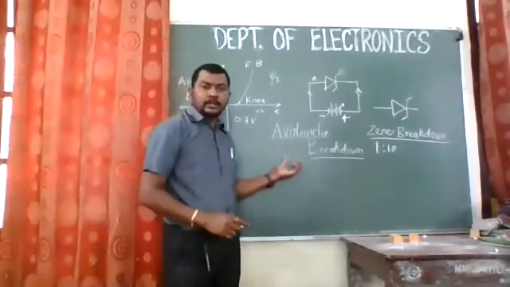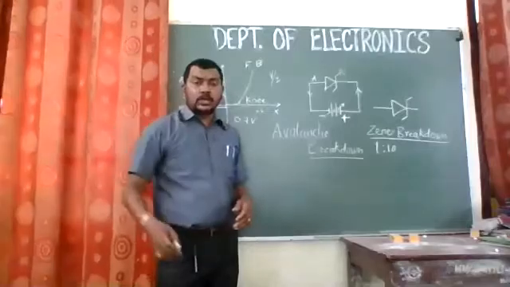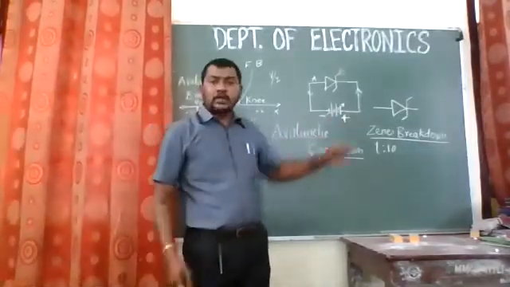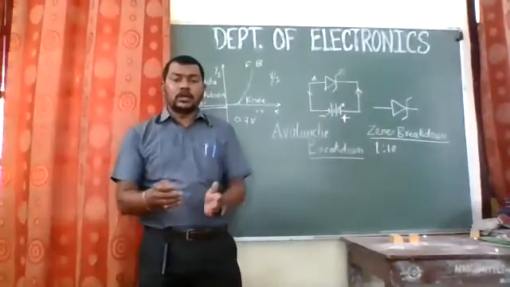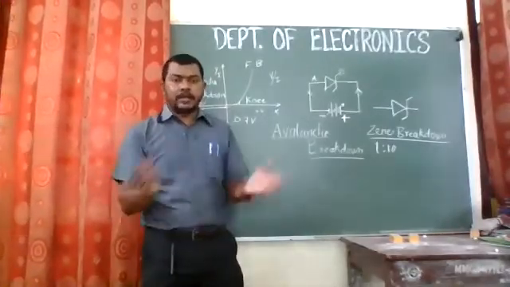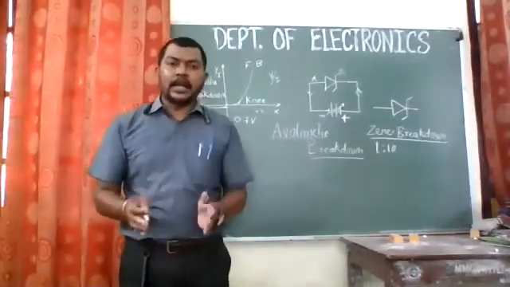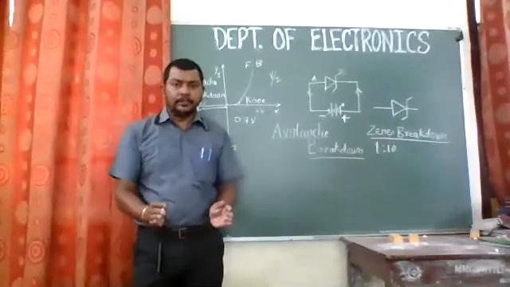In simple avalanche breakdown, we have to give the peak inverse voltage of say around 180 volts or so, right? But in Zener breakdown, at a very small voltage, say around 5 volts, or 8 volts, 3.3 volts, 2.7 volts, we will have a breakdown, because these diodes are specially designed to be used in the reverse bias condition only, right?